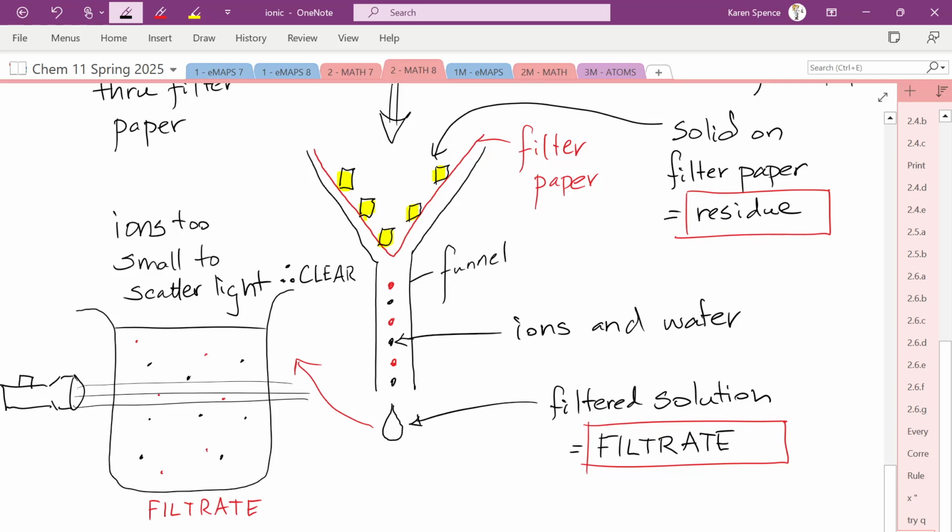Now, in this case, it happened to be clear and colorless. Thus, it looked like water. But you could have a colored solution, which is also clear. You can have something that's clear and blue. You can have clear and red. Your Coca-Cola is clear and brown.